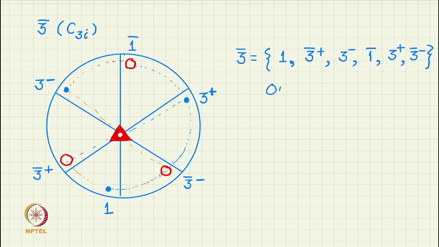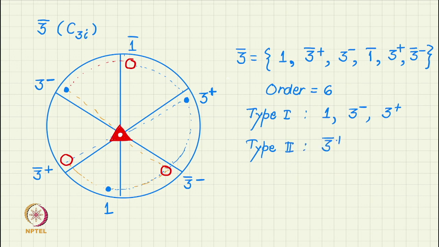So, order is 6, you can see that the type 1 operations or proper operations in this are 1, 3 minus and 3 plus, and type 2 or improper operation are 3 bar plus, 1 bar and 3 bar minus. So, again you can see that they are equal in number, proper and improper operations 3 each, half the order of the group.